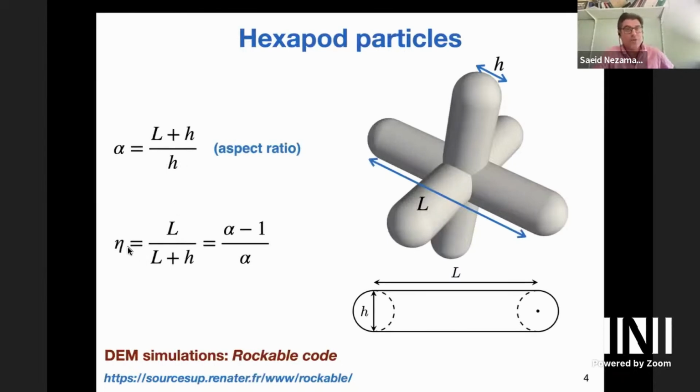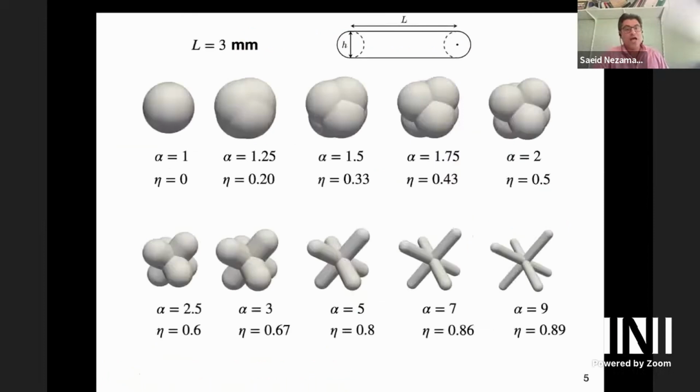Equivalently, we define the parameter eta, which varies between 0 and 1. 0 corresponds to a sphere, and 1 to infinitely thin hexapods. Here you can see hexapods of different values of alpha varying from 1 to 9, and eta varies from 0 to 0.99. In simulations, we kept L constant and changed H to get the desired aspect ratio.